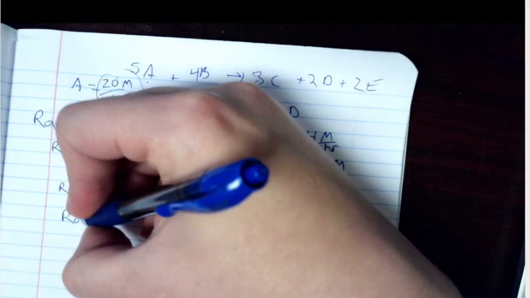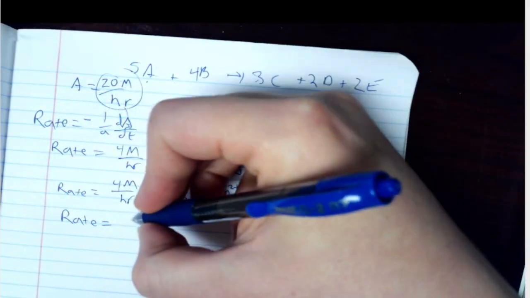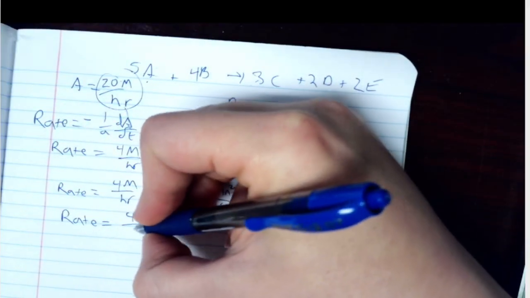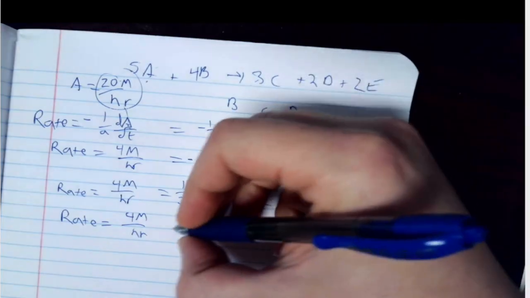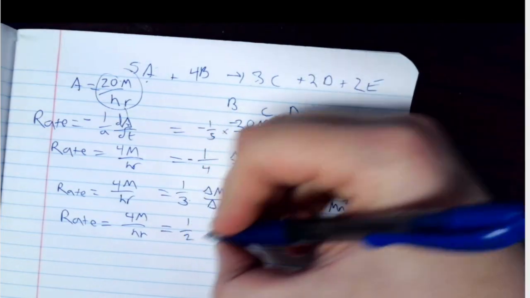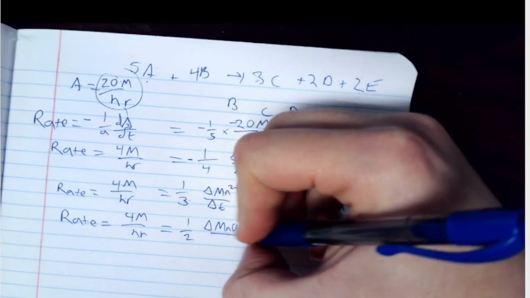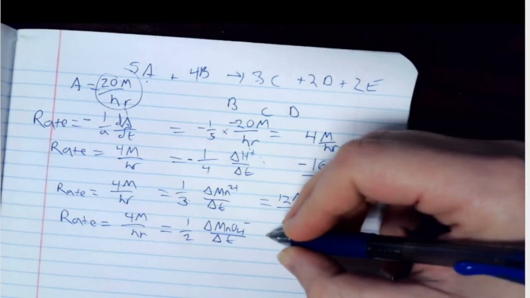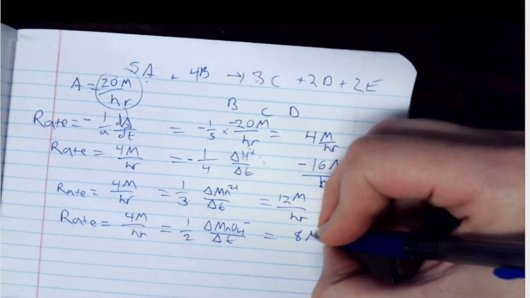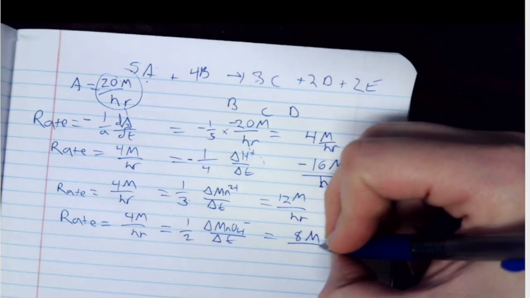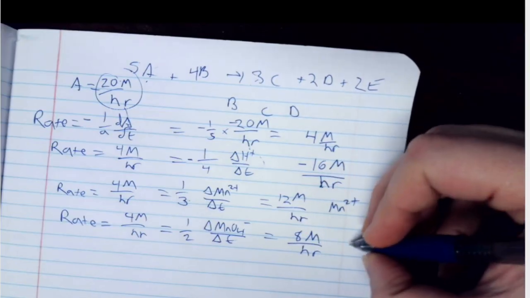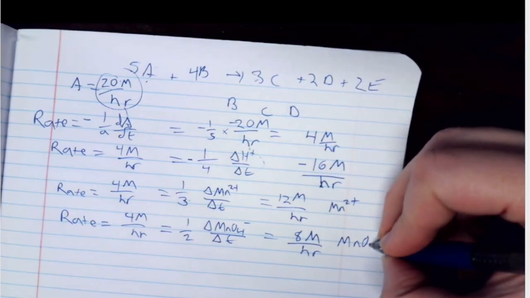And finally, what about the rate of permanganate? Well, in this case, it's 2. So 1/2 delta MnO4- over delta t. Cross multiply, it'd be 8 molar per hour of MnO4-.